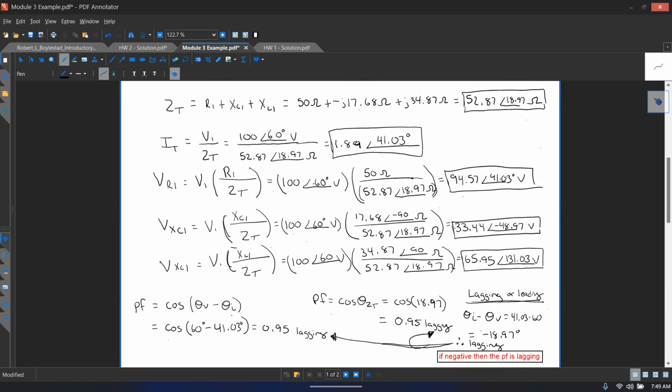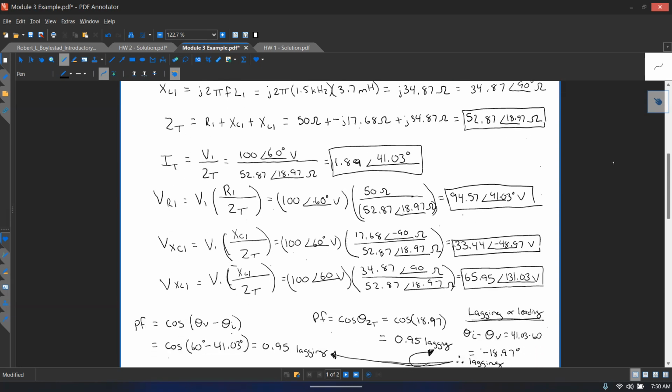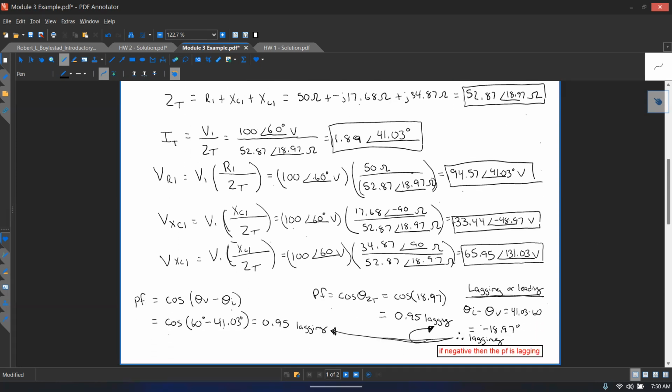So we come up here, we find the phase angle of our voltage source, which is 60 degrees, and the phase angle of our total current, which is right here, 41.03.